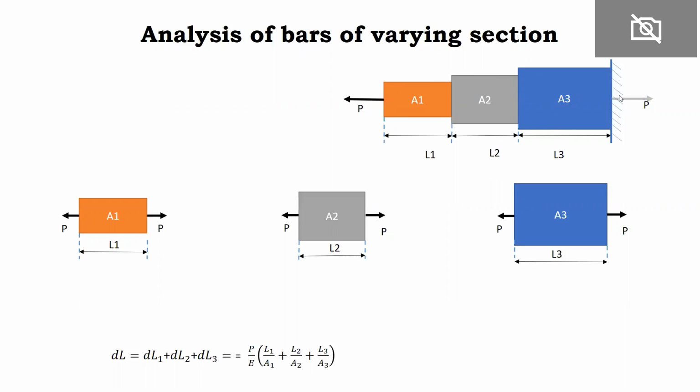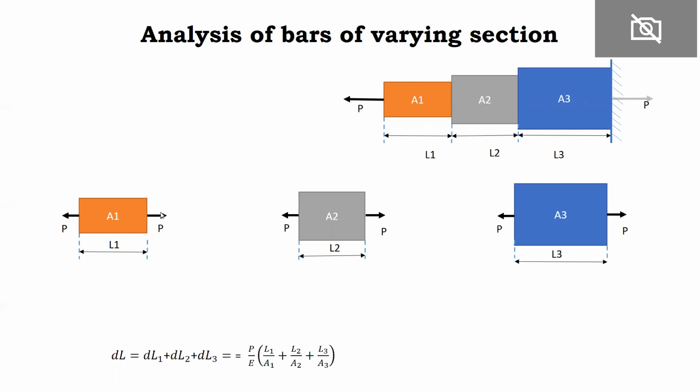But in the present configuration, we have only one force, which is acting at the extreme end. It means that the same amount of load is acting on member 1, member 2 and member 3 as well. Now, the theory relevant to this we already learned in the previous lecture.